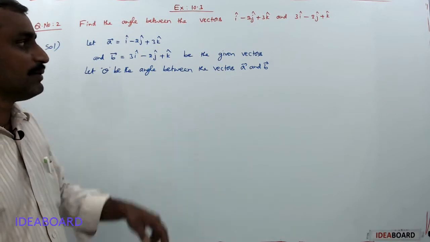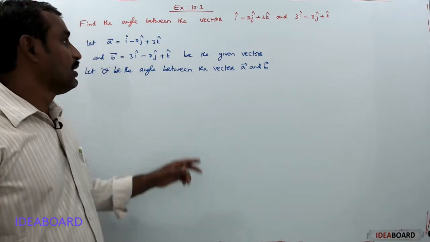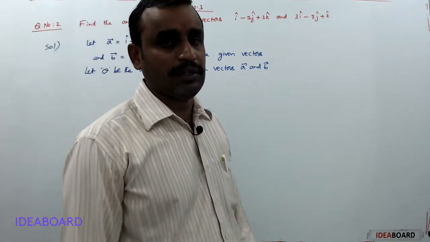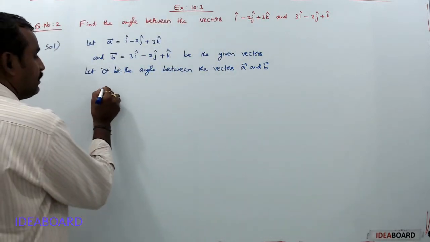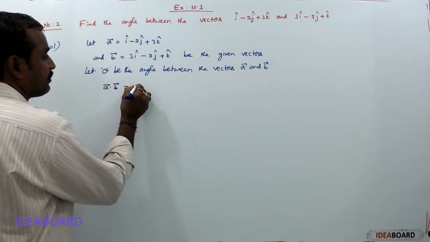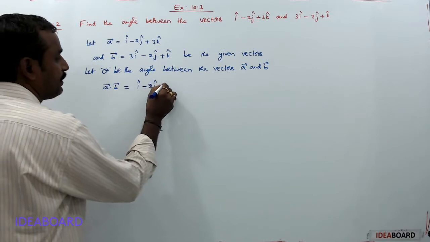Using that formula we will calculate theta. So in the formula we want the A bar dot B bar value and the magnitudes of A bar and B bar. So first you can calculate A bar dot B bar from the given vectors. A bar dot B bar is equal to i cap minus 2j cap plus 3k cap.